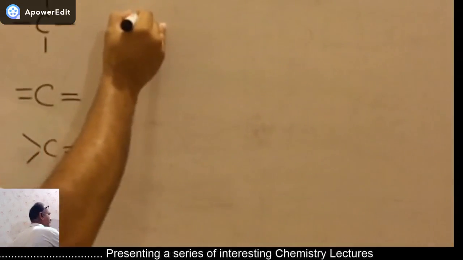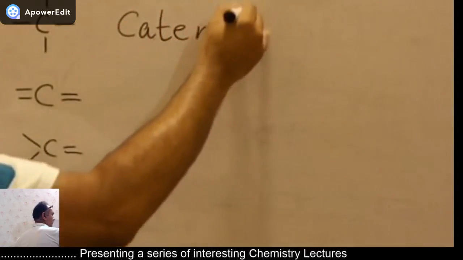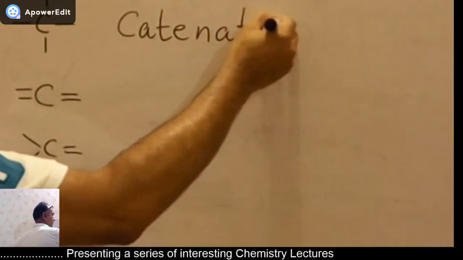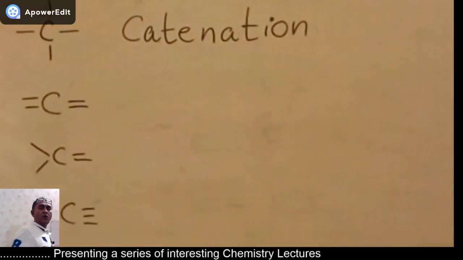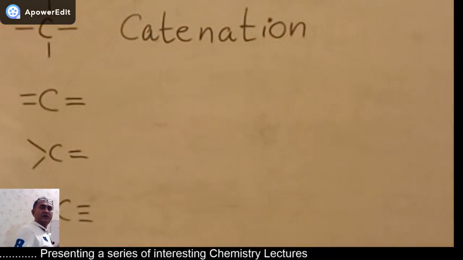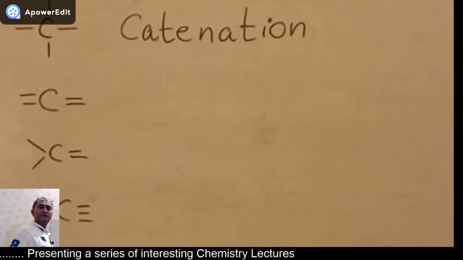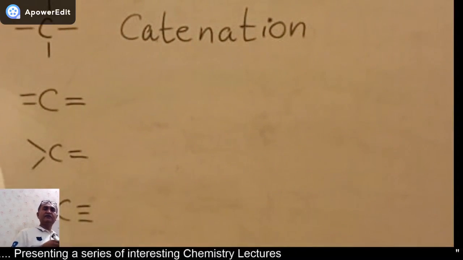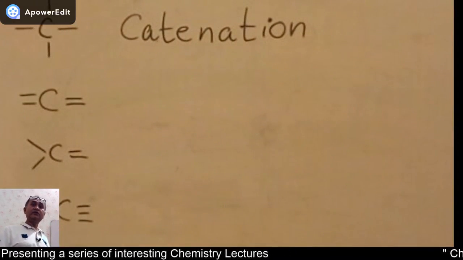Here comes a term called catenation. What is catenation? It's the property of an atom to bond itself with the atoms of its own kind.